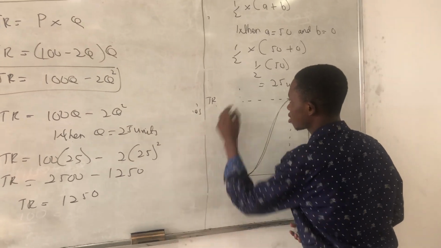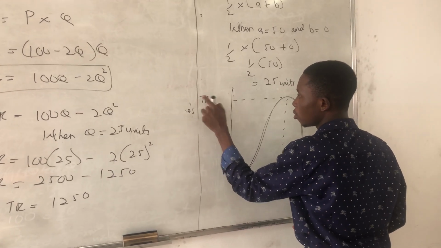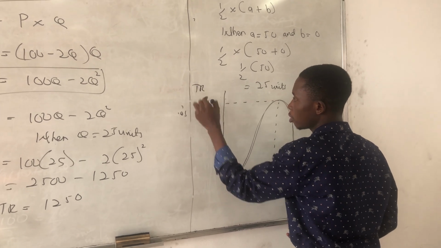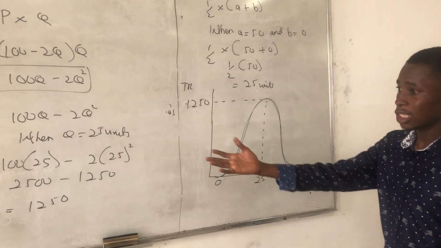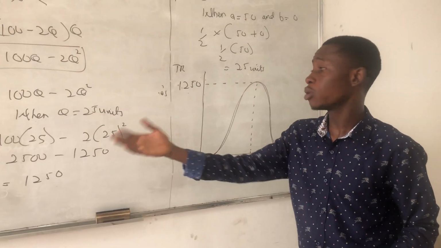Meaning the maximum value of TR is 1,250. Let me put the total revenue here: the maximum value is 1,250. That's all about this particular question. What is the maximum value of TR?